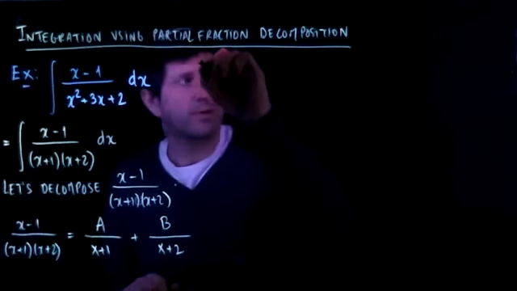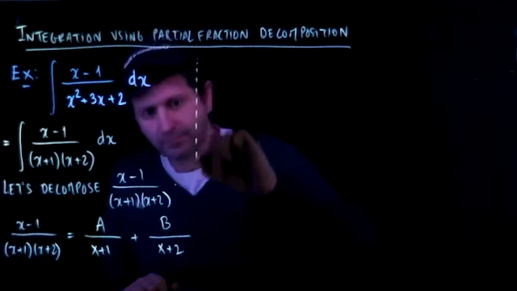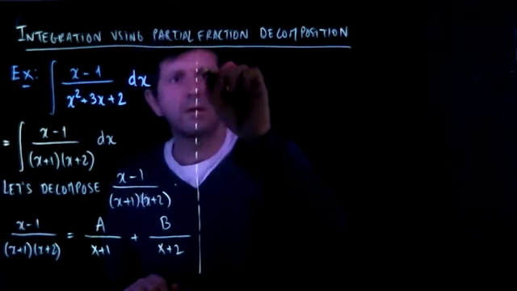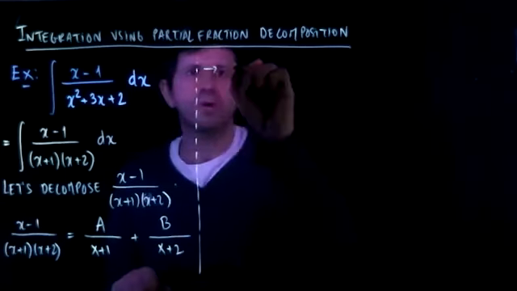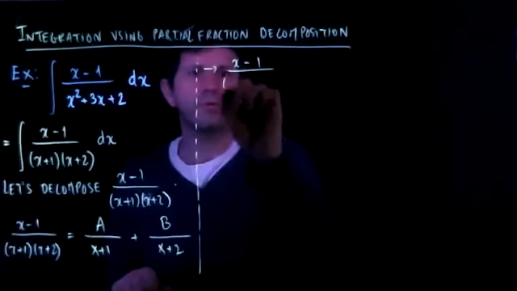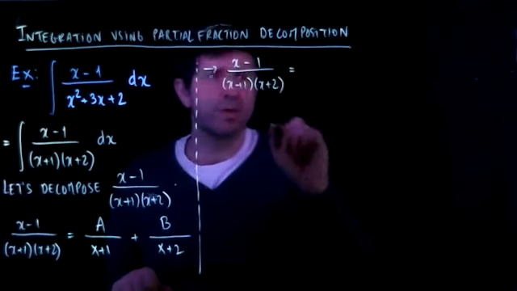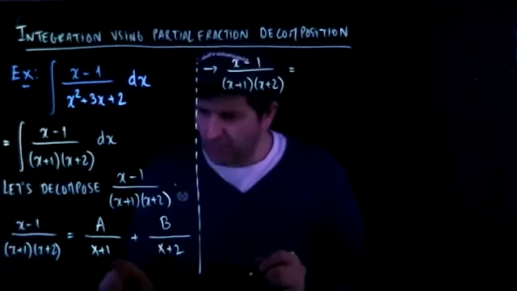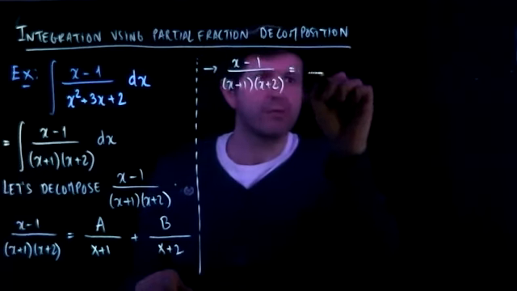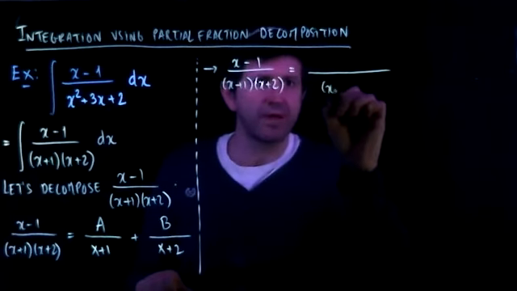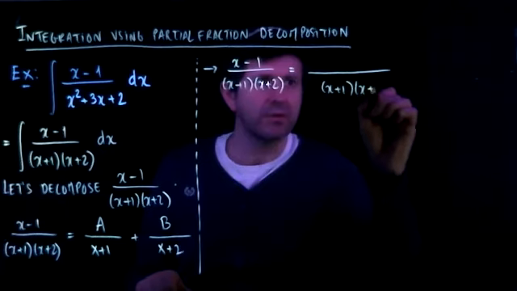Okay, I'm going to continue up here. x minus 1 over x plus 1 times x plus 2 equals A over x plus 1 plus B over x plus 2. Now I'm going to find the common denominator, everything on one big fraction of x plus 1, x plus 2.